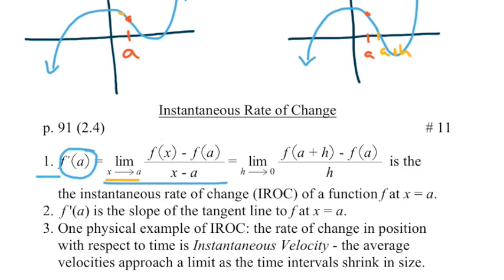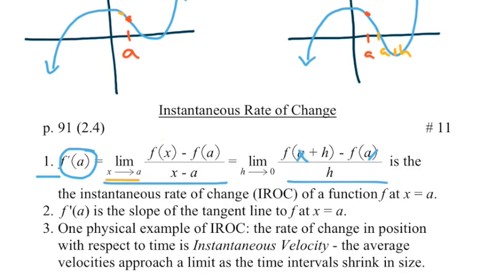The second equation is really similar. It's just a different way of saying the same thing. f of a plus h minus f of a all over h. And that was the original definition of a derivative that we looked at in note card 9, and then we used the power rule in note card 10, which is what came out of that. But now, instead of x plus h minus f of x, a is in instead of x.